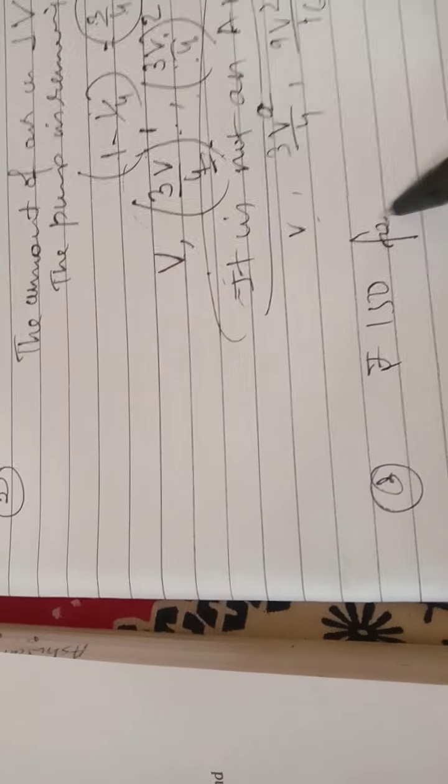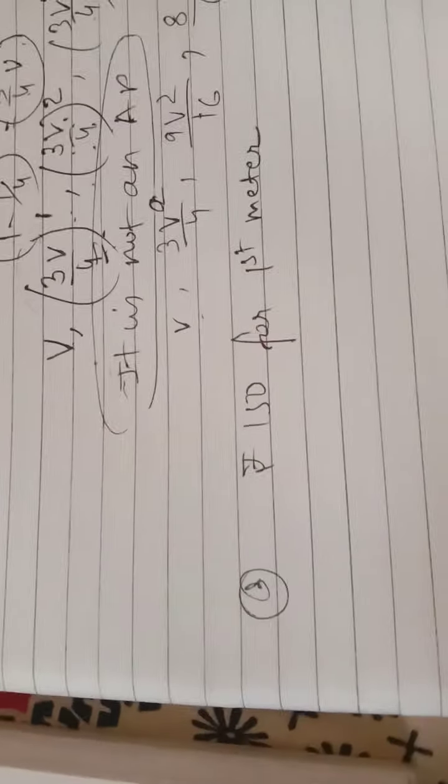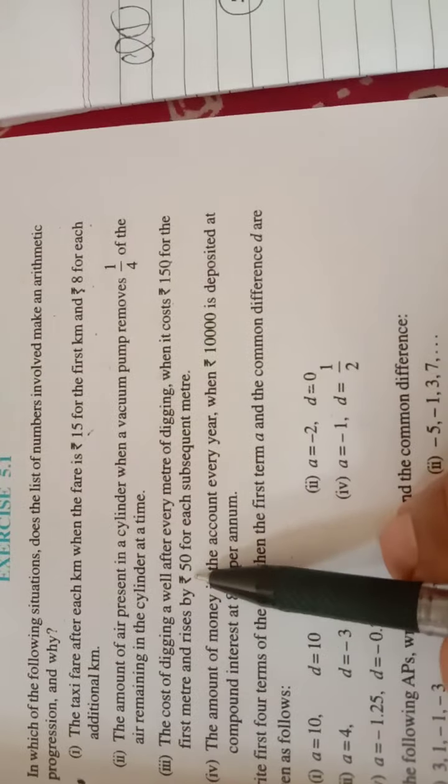Now you have to follow the same thing for the third one. The cost of digging a well after every meter of digging, when it costs rupees 150 for the first meter, then rises by rupees 50 for each subsequent meter.